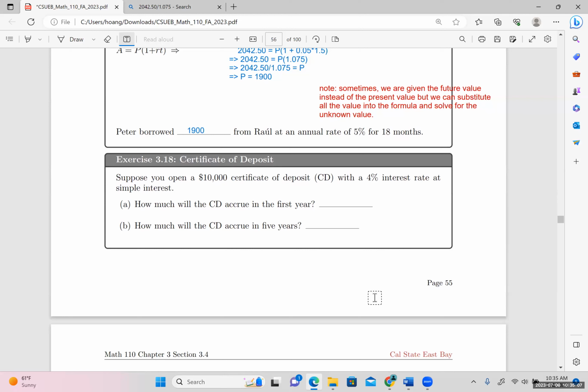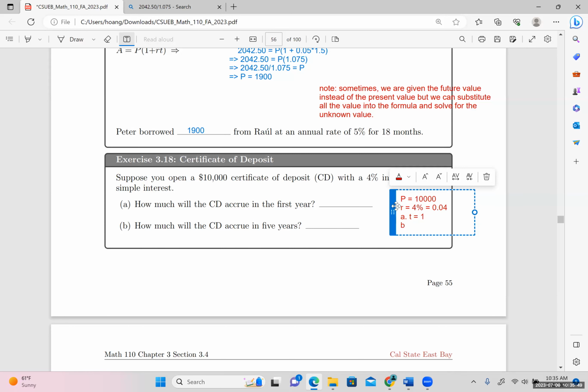Okay, so now I would love to let you do exercise 3.18. You are given the P value equal to 10,000, and you are given rate is 4%, which is 0.04, right? For part A, you have t equal to 1 year, which is 1.